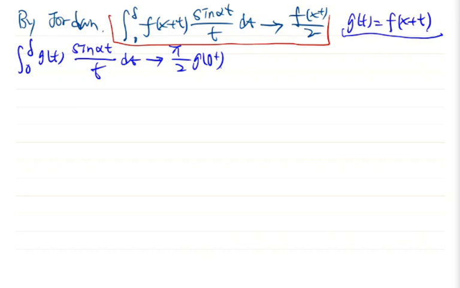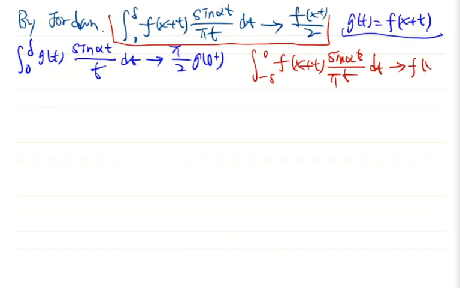Similarly, we have a similar result, that is, the integral from minus delta to 0 of f(x+t) sine alpha t divided by pi t goes to f(x-) divided by 2.